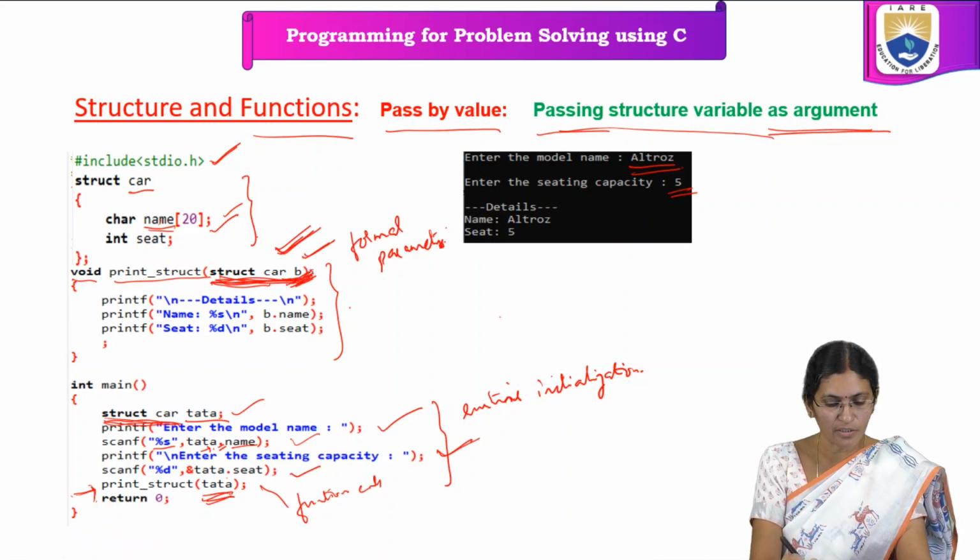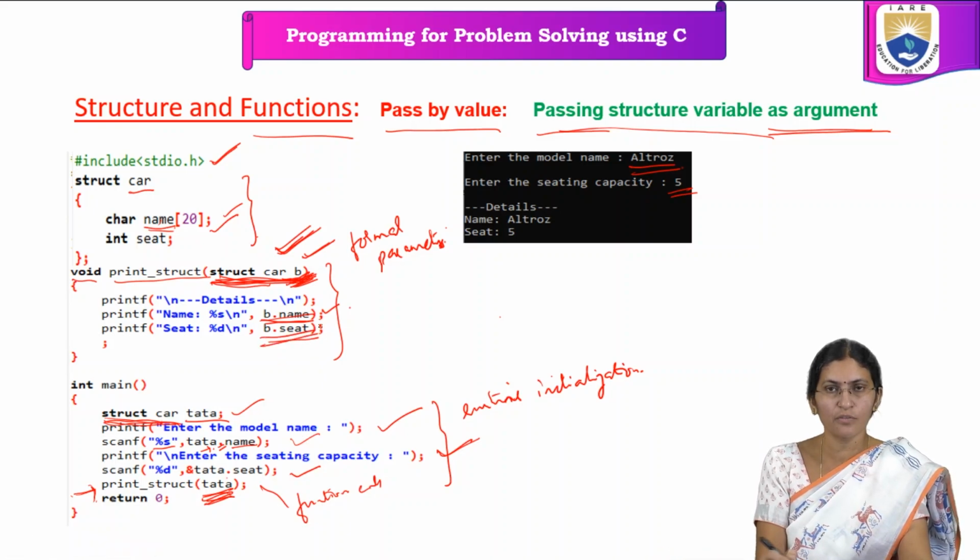Data is a structure variable, so it has two attributes or two members. Similarly b will have two attributes or two members. That is what we are printing here. To print the first member, we specify b.name, and to print the second member, we specify b.seat.